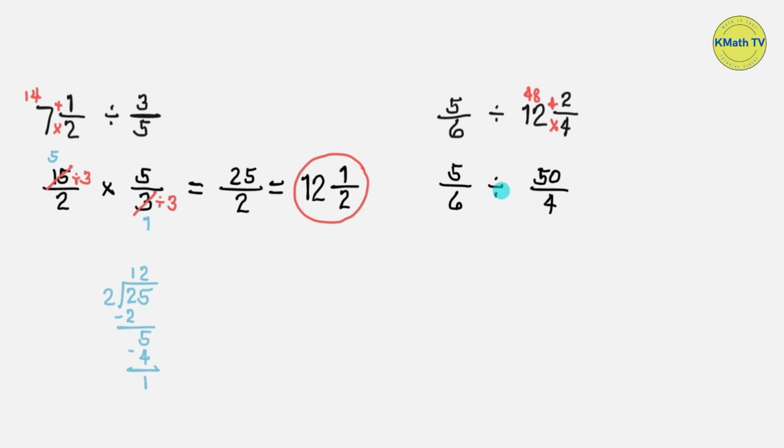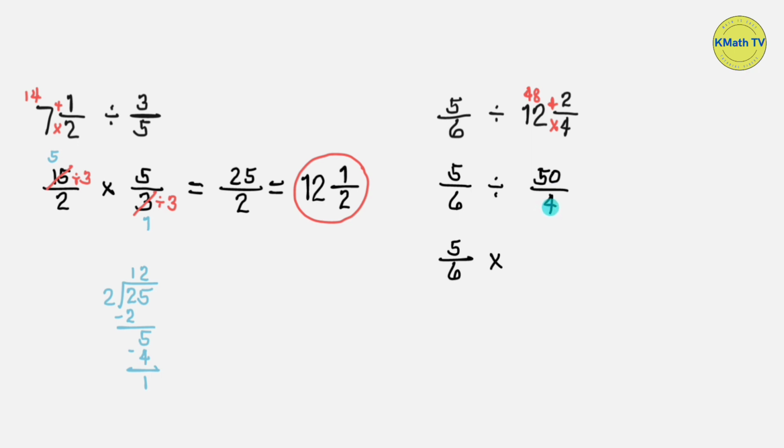Next, let's apply the keep, change, and flip method. Let's keep the dividend. So let's copy 5/6. Next, change the division sign to multiplication sign. Then, flip the divisor to get the reciprocal of the divisor.